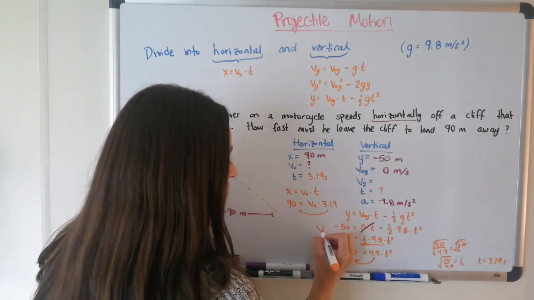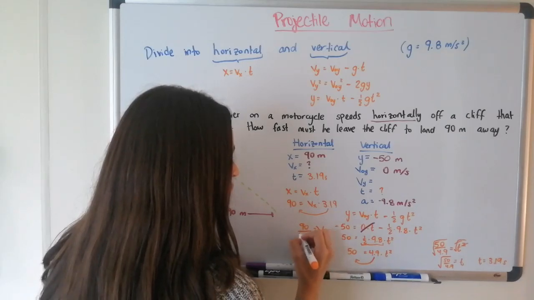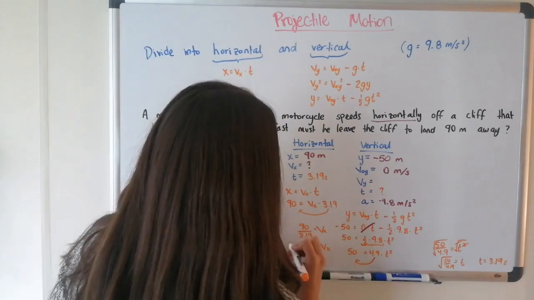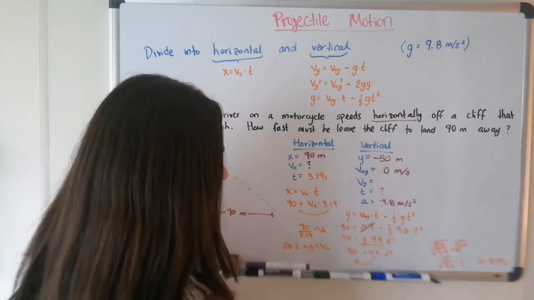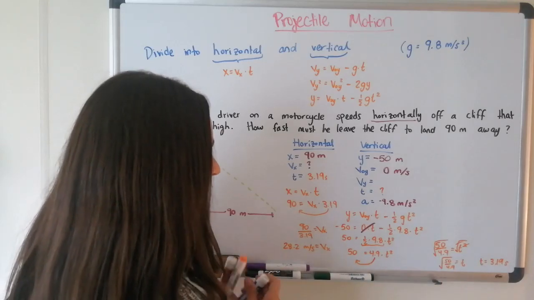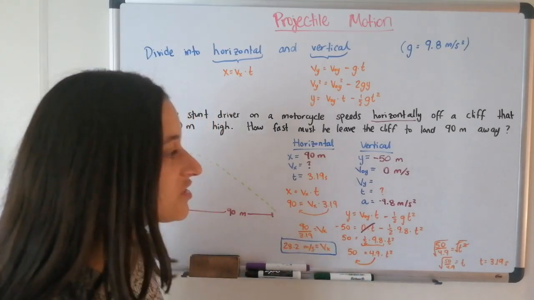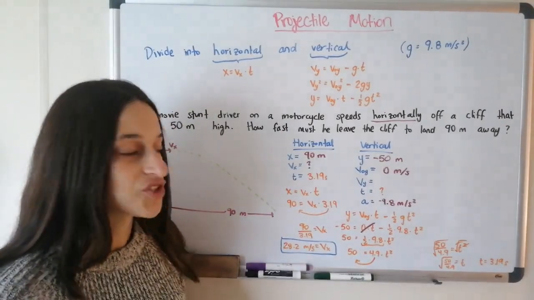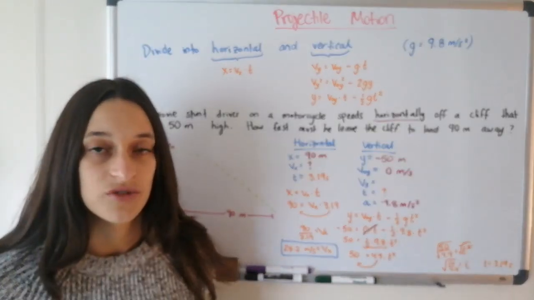So our Vx is equal to 90 over 3.19, which is 28.2 meters per second. And that's our final answer. So notice that we actually had to use both a horizontal and a vertical equation in order to solve for the result, even though the result was just horizontal.